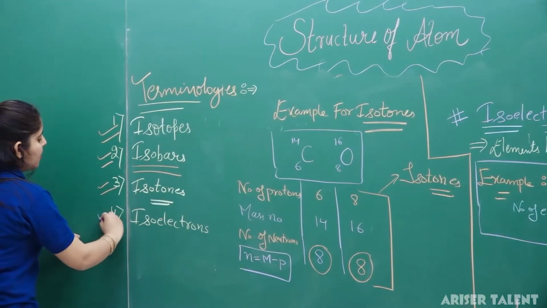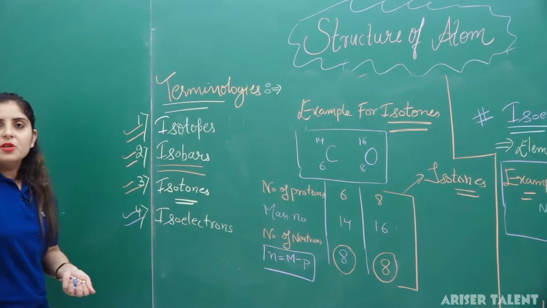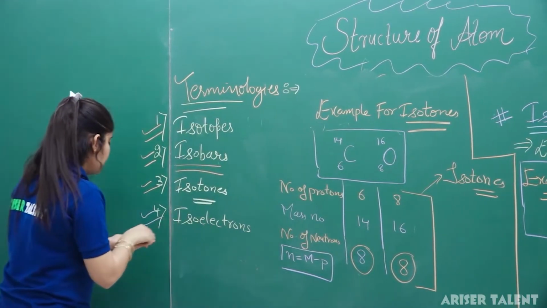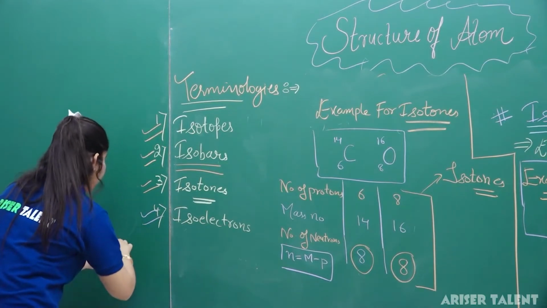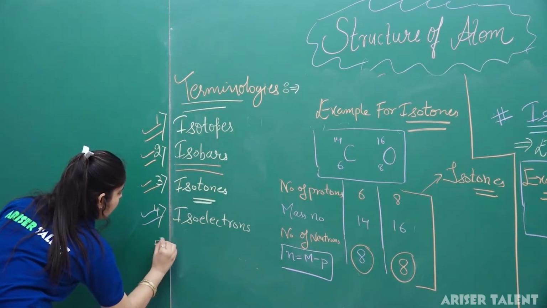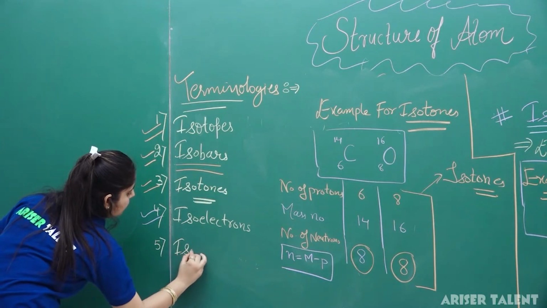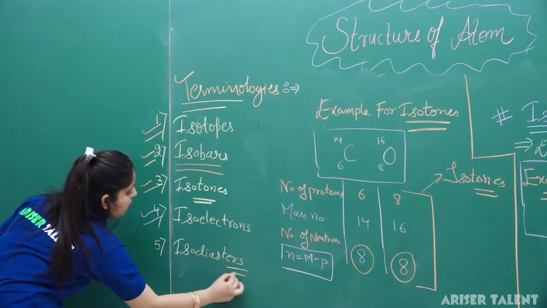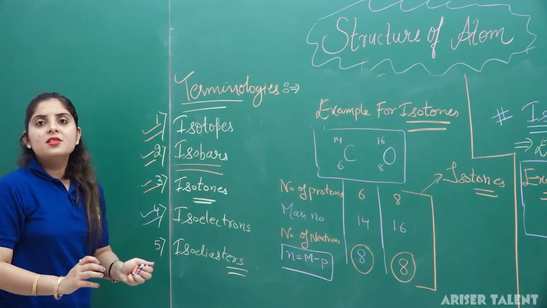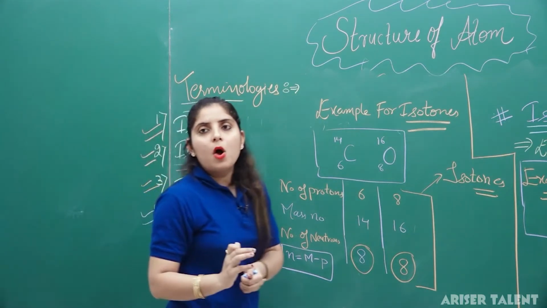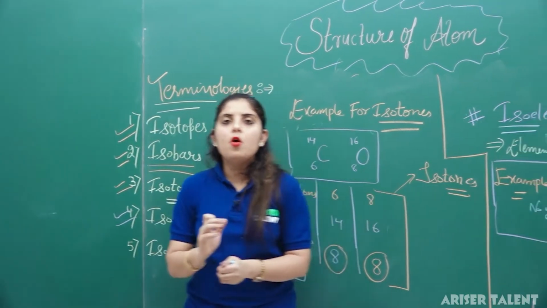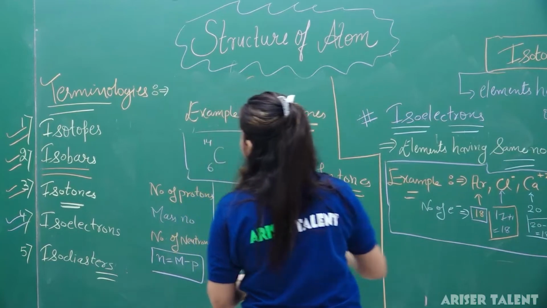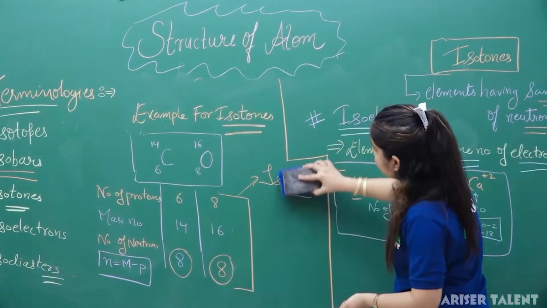Our fourth term was isoelectronic species. Now we are proceeding to our next term, that is isodiaphers. Isodiaphers means compounds having the same number of atoms and protons.